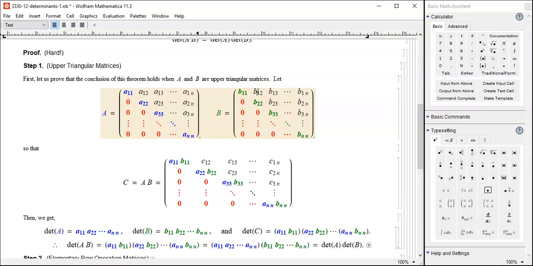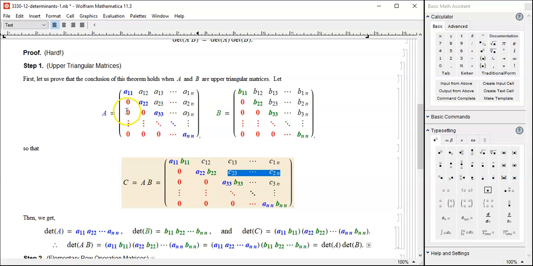B12 times 0 and B22 times A22. Okay, that's good. But how about all these? They're all zeros. So what do we get? A22 times B22, the product of the diagonal entries. And then how about second row, third column, fourth column, and so on? We're going to get something. I don't care.